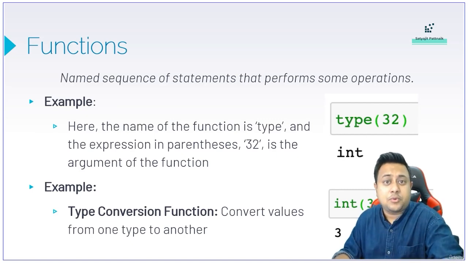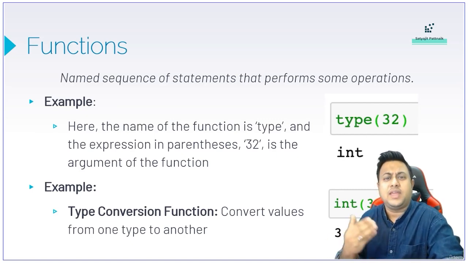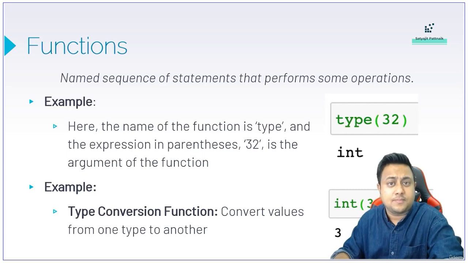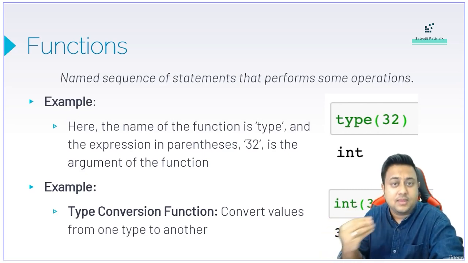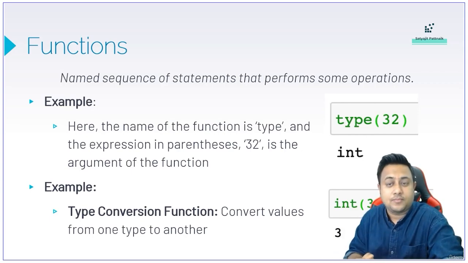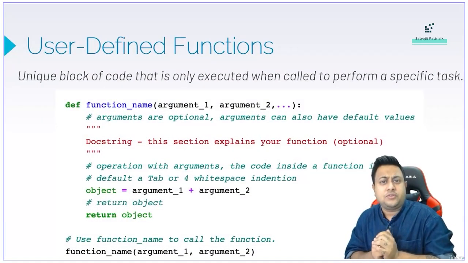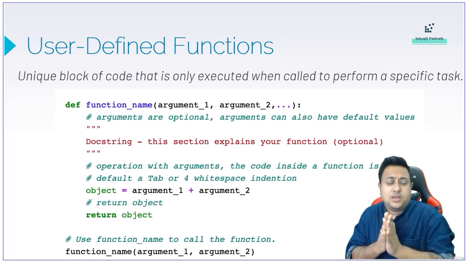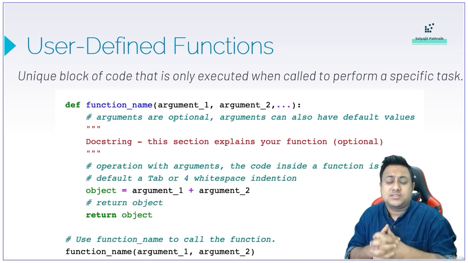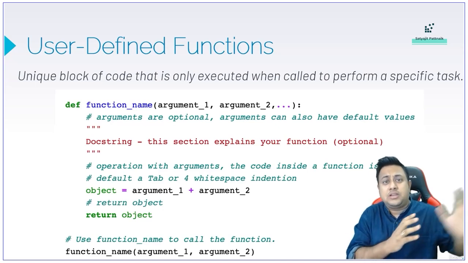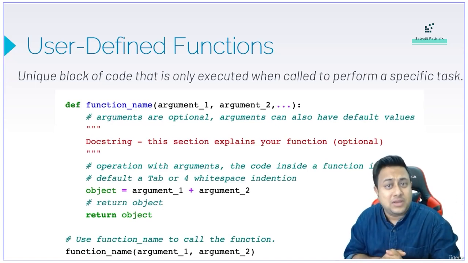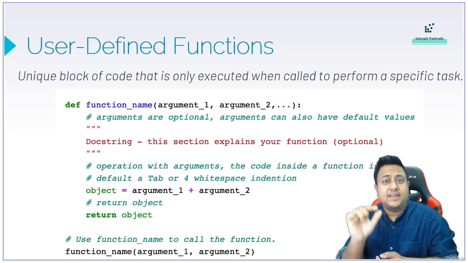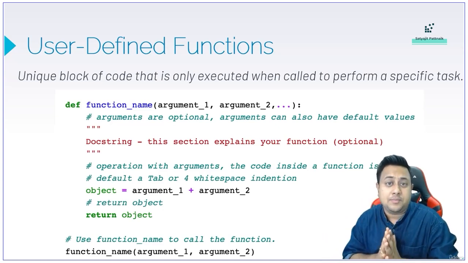Now, as I was talking about user defined functions, what exactly is a user defined function? In simple terms, user defined functions are defined by the users or the developers who are dealing with your code. And why do we create user defined functions? Just imagine you want to calculate the salary of a customer based on multiple attributes. Or, a simple example, given weight and height, you want to calculate the BMI level.